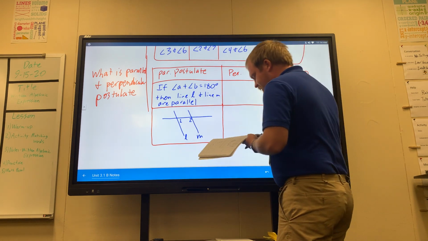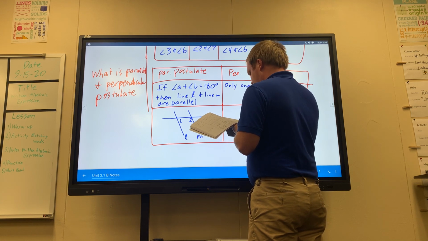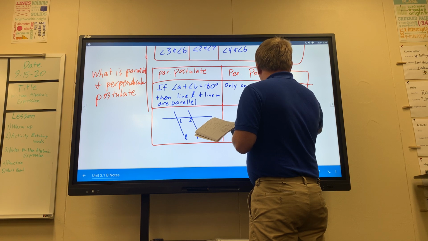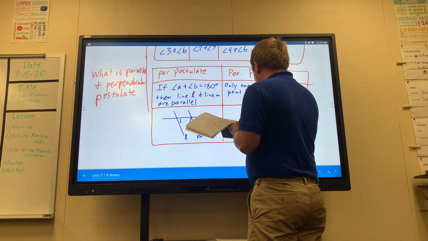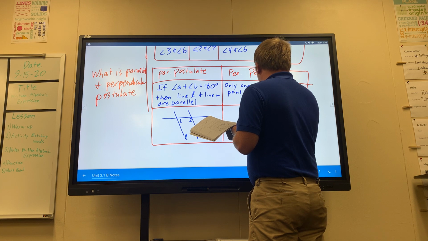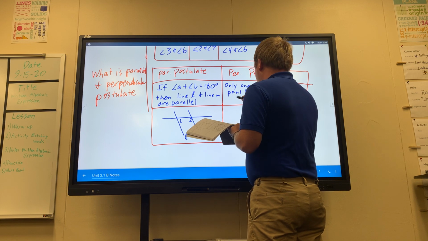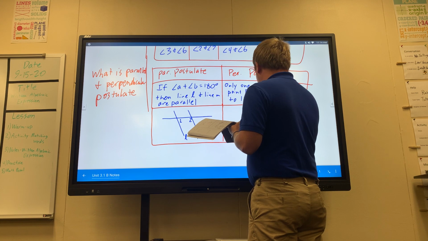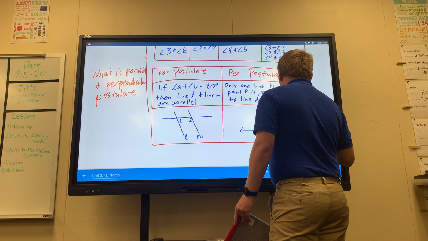Now, let's talk about perpendicular postulates. Only one line through point P is perpendicular to line D. So again, imagine if I have this line D right here.